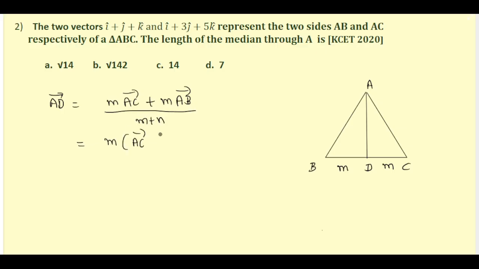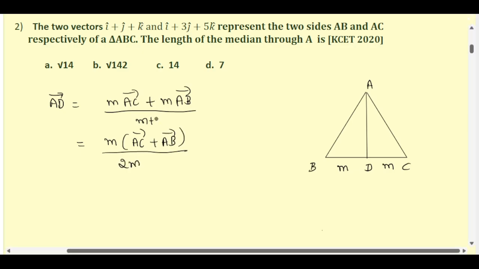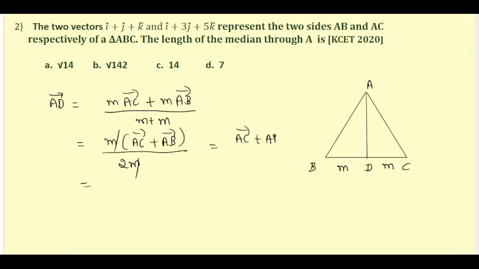AC vector plus AB vector divided by 2M. So M cancels. We get AC vector plus AB vector divided by 2. Now we'll substitute the values of AC vector and AB vector.